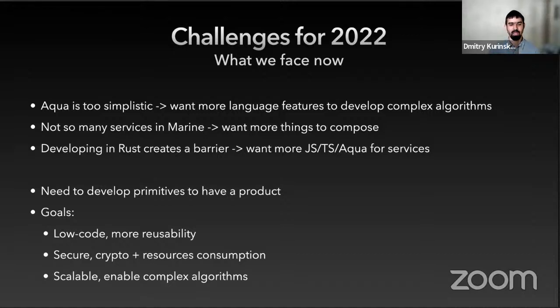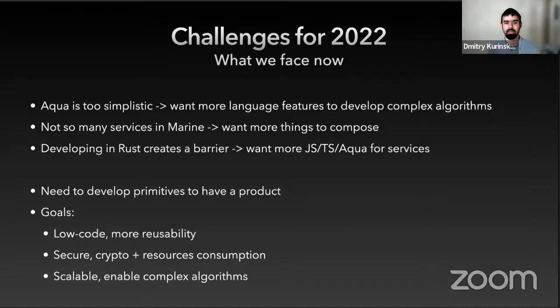First of all, Aqua is currently too simplistic. We want more language features to develop complex algorithms. We don't have too many resources in Marine, but the main feature of the Fluence network is reusability and composability with Aqua, and you need to have more things provided by the network to compose.